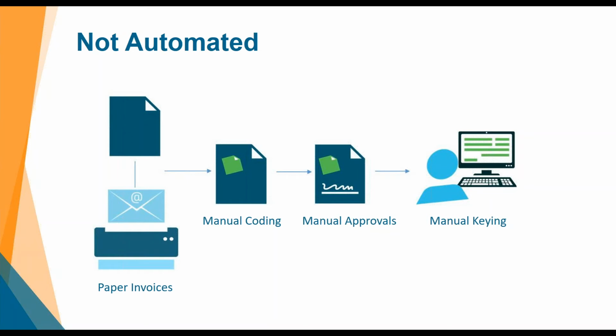And then documents are manually coded, manually delivered to the appropriate manager for approval, and then finally manually keyed into the system. So it is important to note that each one of these manual steps is a potential failure point, creating an opportunity for an error or a delay to occur.